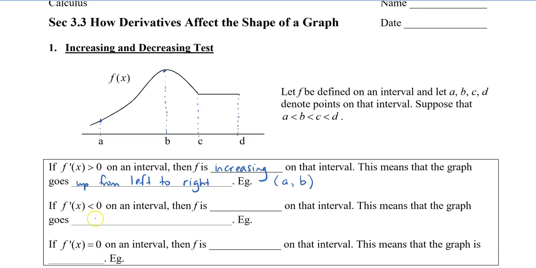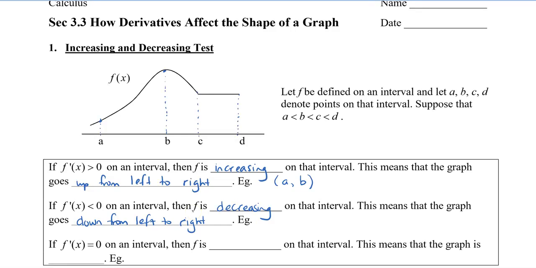If f prime of x is less than 0 on an interval, that means that this time our slope is negative, then we say that f is decreasing on that interval. And this means that the graph this time goes down from left to right. So notice we always talk about left to the right side.